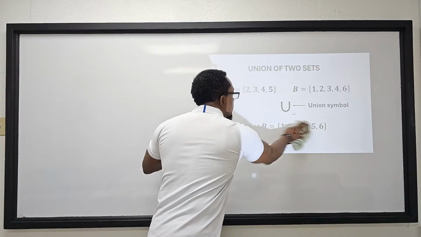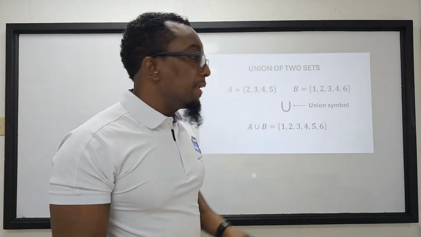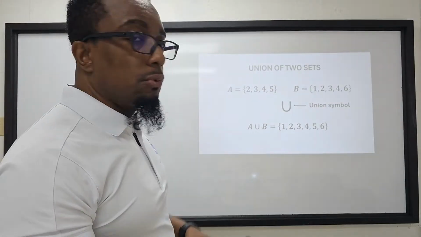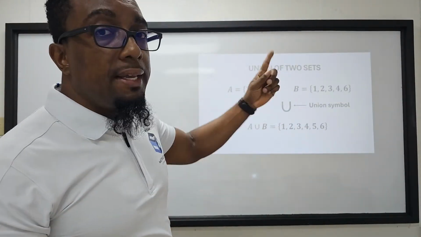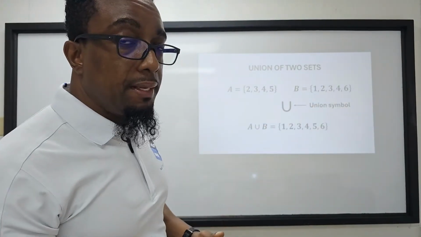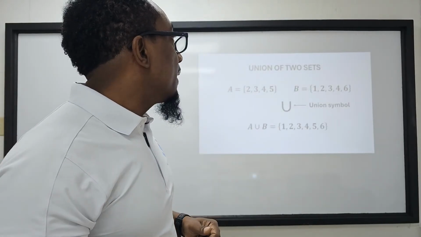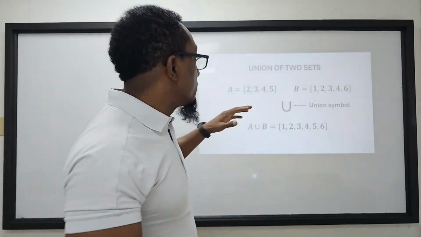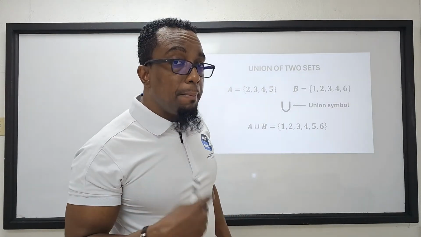So with the union of two sets, we know that that symbol there represents union, so we bring them together, or it simply means elements that are in either A or B or both. So that's what the union means. You have elements in either A, B or both, and when we combine all, this is what we're going to get. We have one without repetition of members or elements.